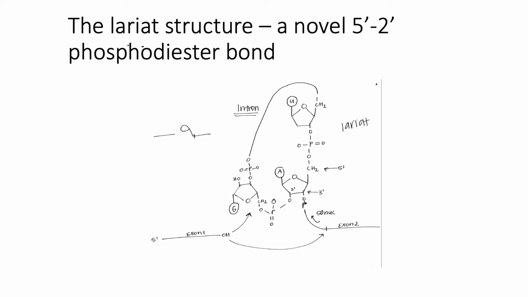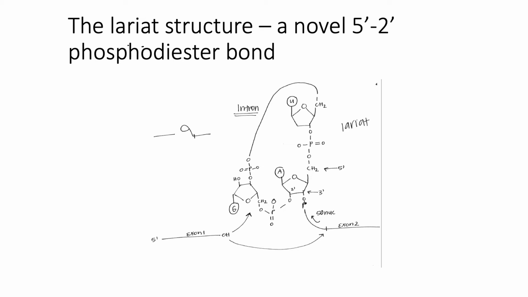The phosphodiester bond between the G and the 3' end of the exon has been cut by the 2' hydroxyl of that adenine, and now generates a new phosphodiester bond between the 2' hydroxyl and the 5' carbon of that first guanine in the RNA, and that is the lariat.